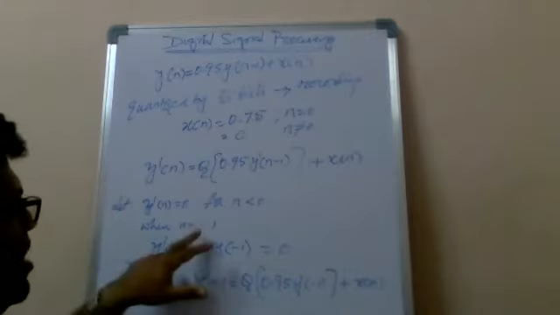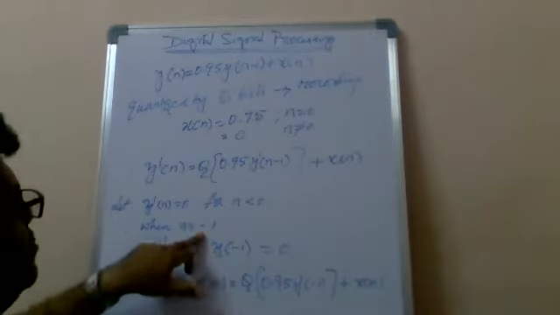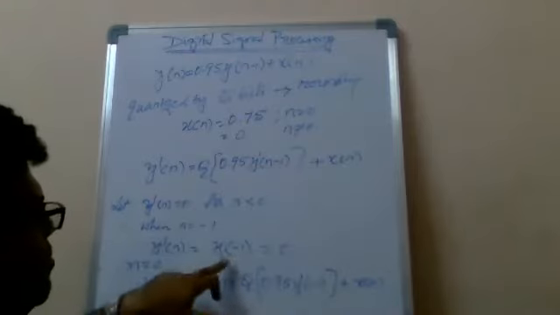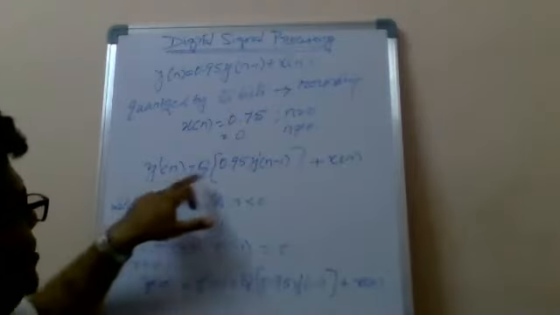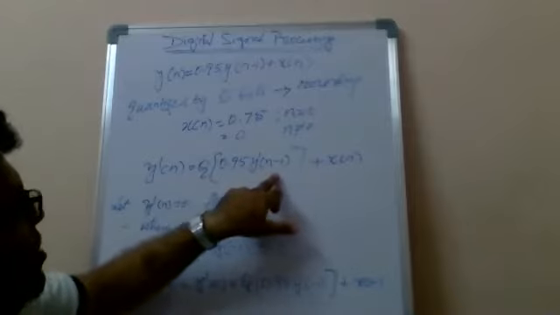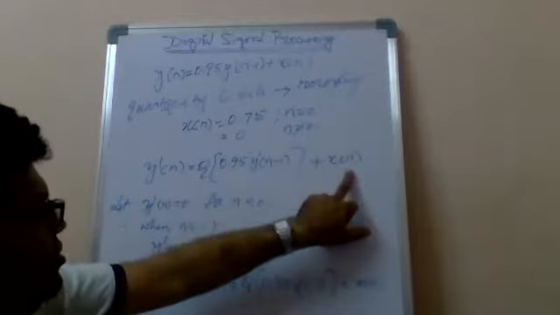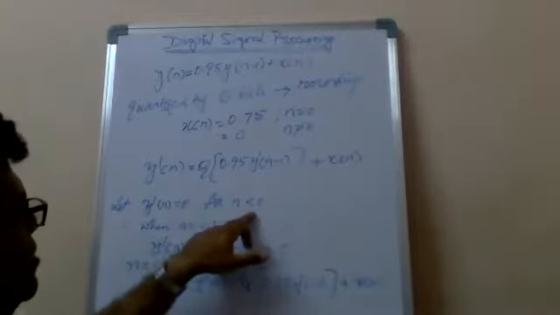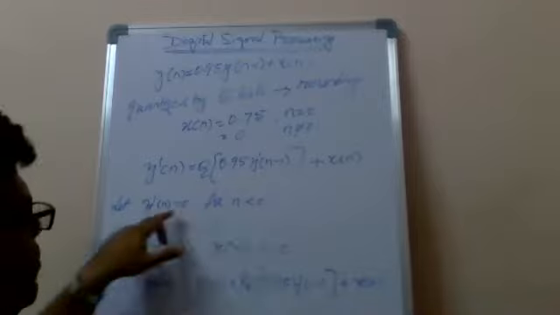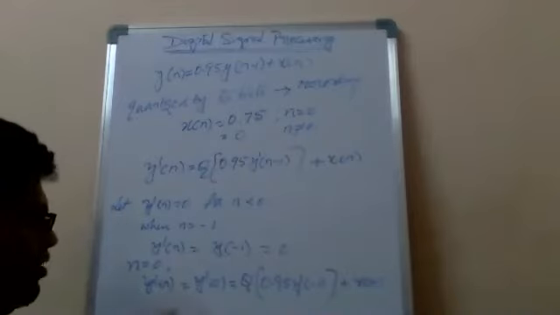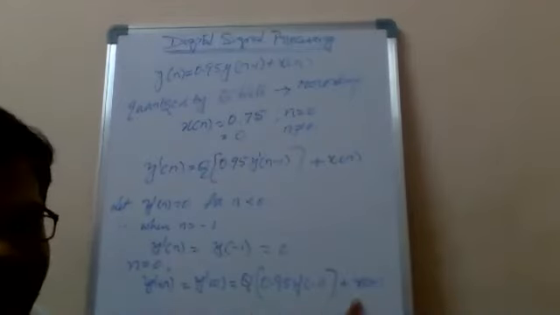Here, y of minus 1 equal to 0.95 y dash of minus 2 plus x of minus 1. So for n not equal to 0, this is 0, and as we have considered even this as 0 for n less than 0, the entire term will become 0. Okay. Now when n equal to 0, we have this factor.